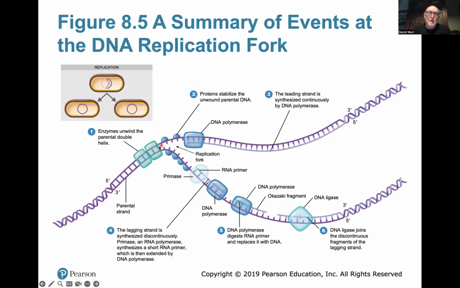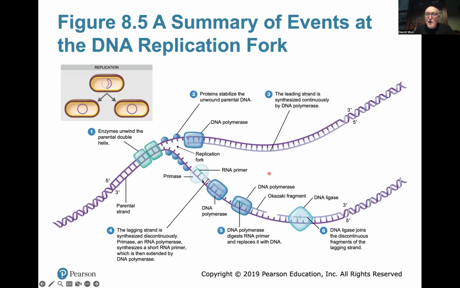This is called the leading strand, and it's the leading strand because it's going in the same direction as the fork is opening. At the same time as the helicase is busy unwinding the strand, there are various enzymes such as gyrase and topoisomerase, which relieve the strain and protect the DNA strand from the stress of it being unwound above it.